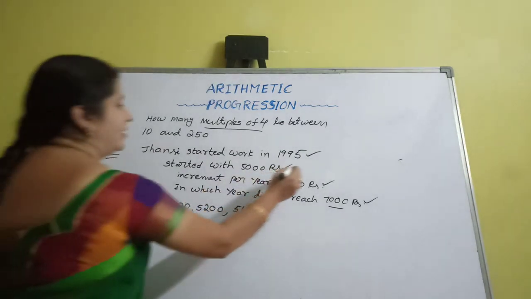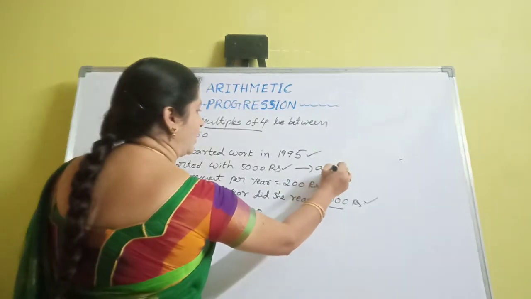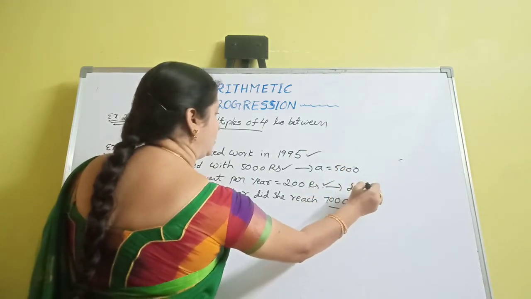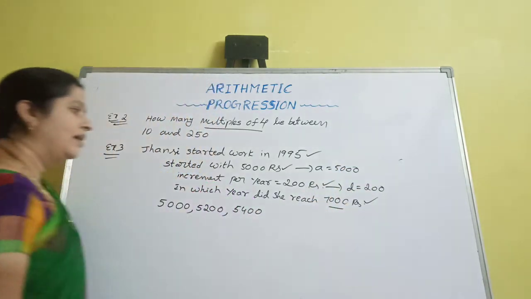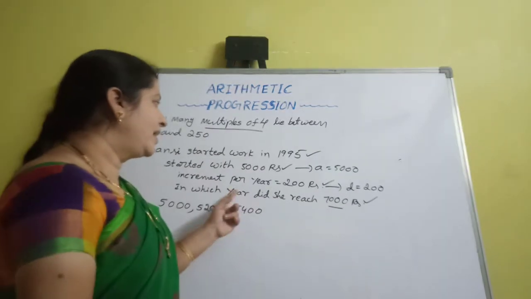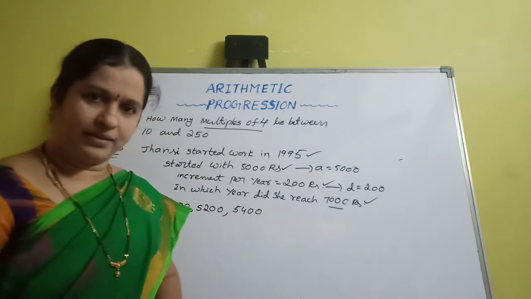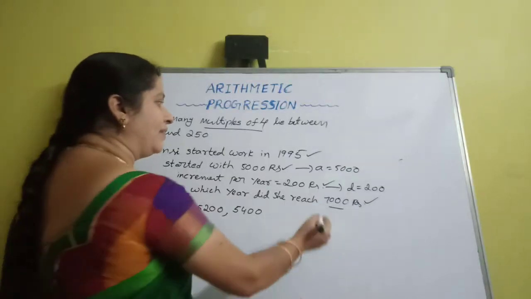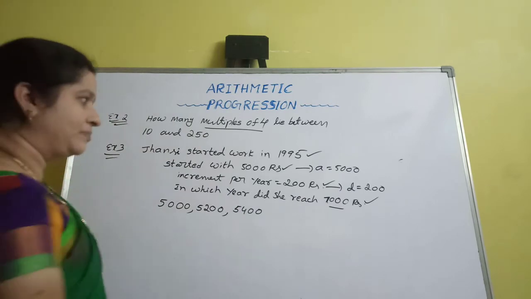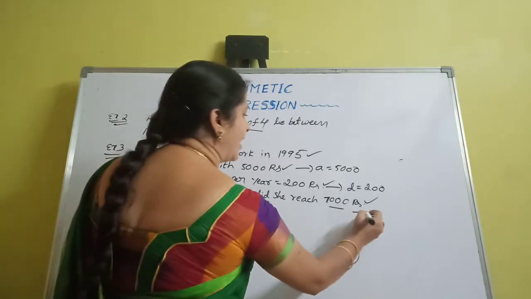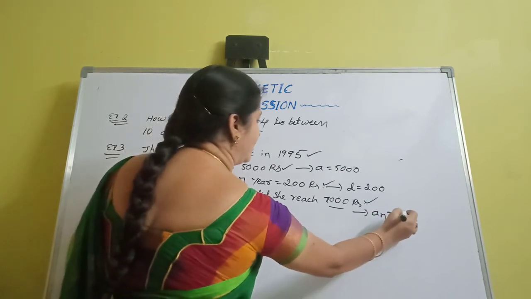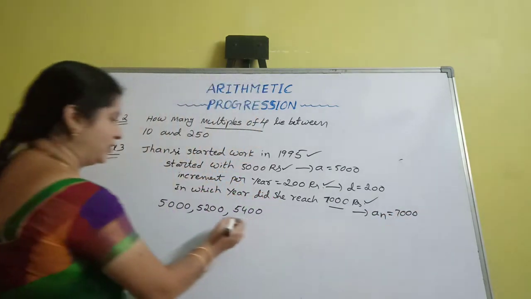Every year increment of 200 rupees is considered as the common difference d. So here a value equal to 5,000 rupees, d value equal to 200 rupees. What about 7,000 rupees? In which year did she reach 7,000 rupees? So finally, she reached the salary 7,000 rupees means we consider it as the last term or nth term an equal to 7,000 rupees.